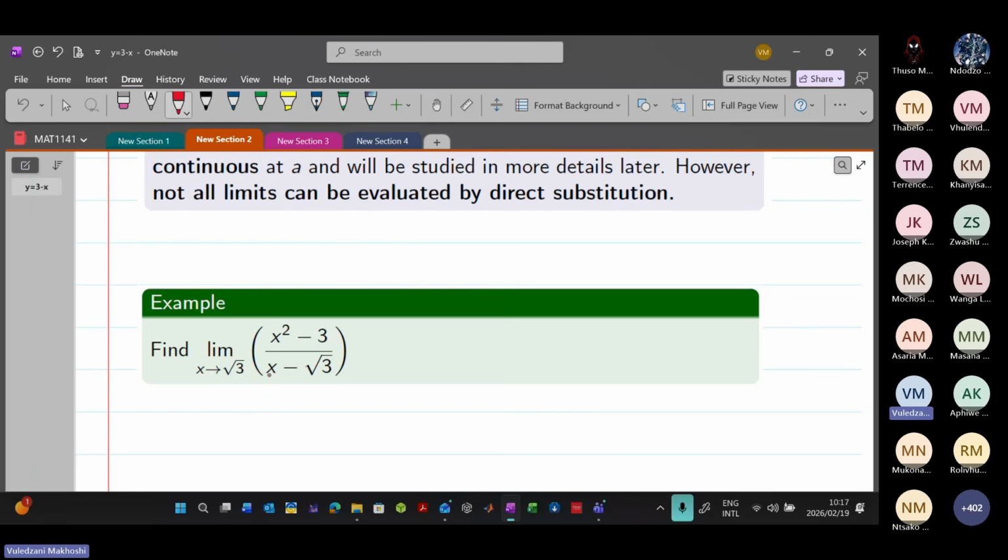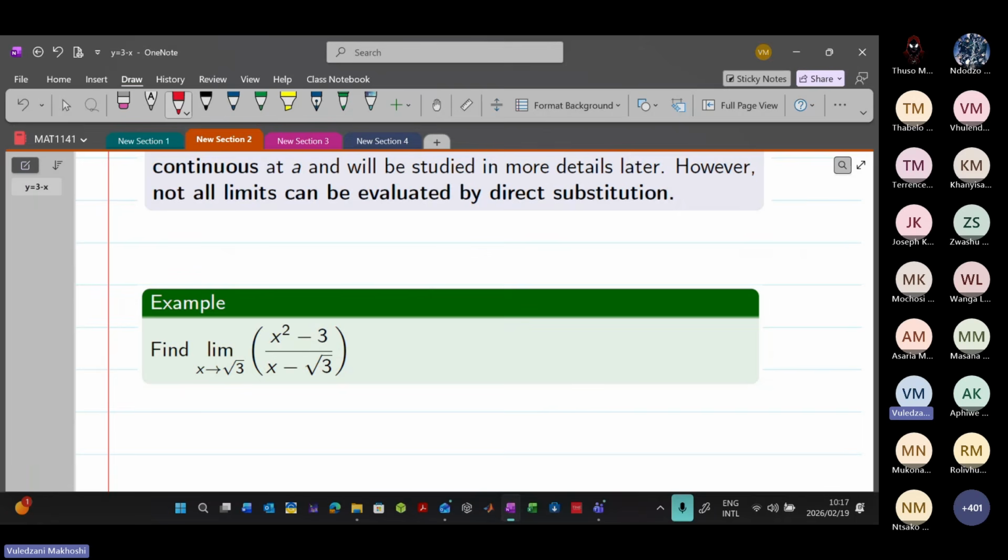You will observe quickly that if x is equal to square root of 3, then we will be forced to divide by 0. In fact, it will be 0 over 0, which is indeterminate. It does not make sense, because square root of 3 is not in the domain of f of x.